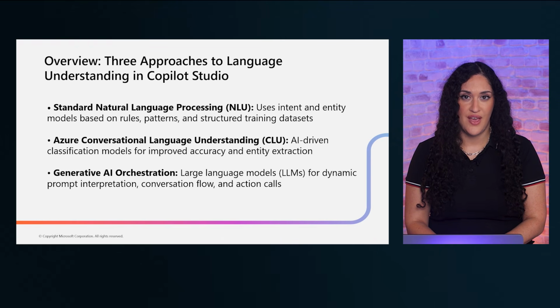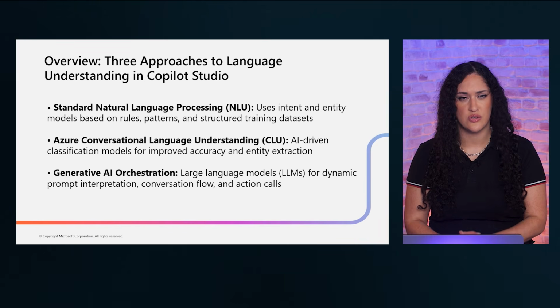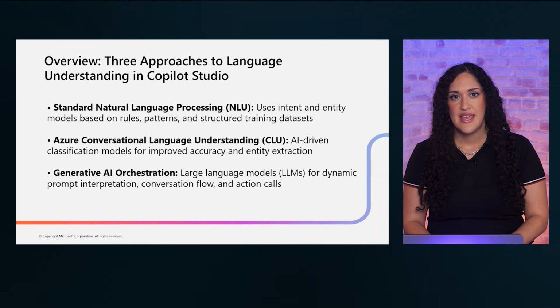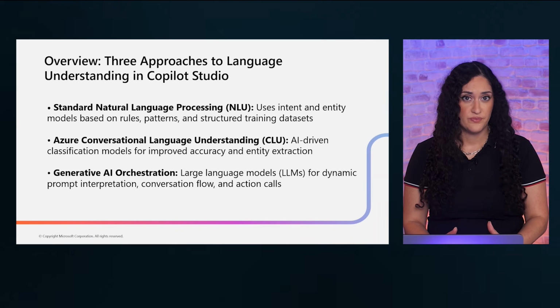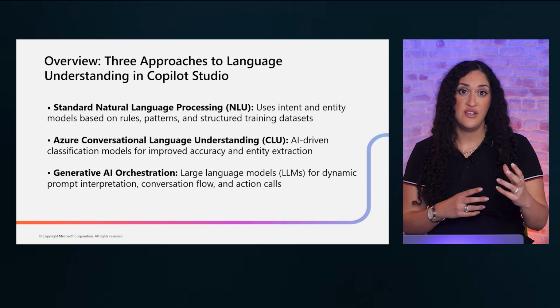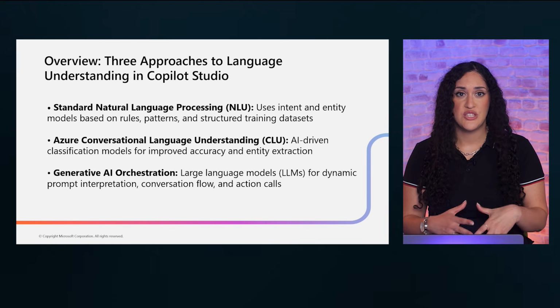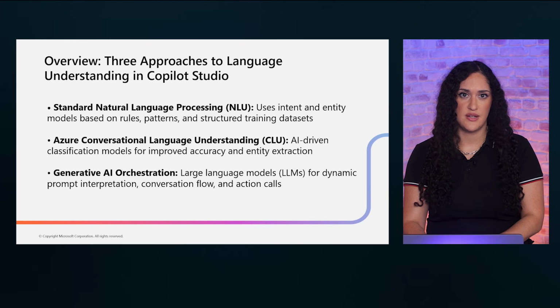Then there's Generative AI orchestration, which enables large language models to dynamically interpret prompts, maintain conversation flow, and call actions on the fly. Think of these as a spectrum, from highly controlled to highly flexible. Your job is to match the right approach to the right scenario.